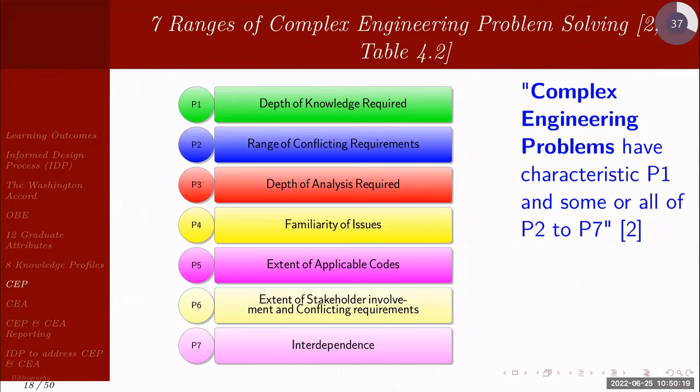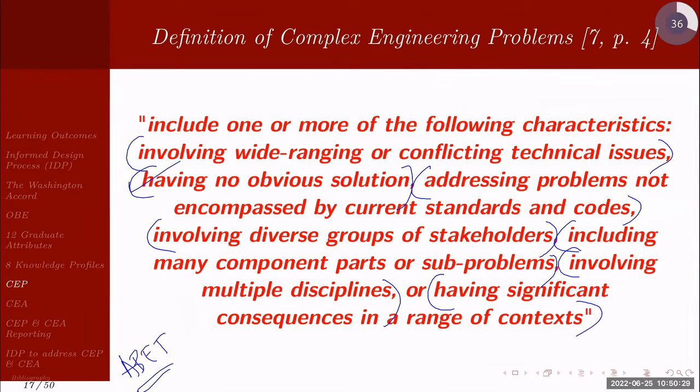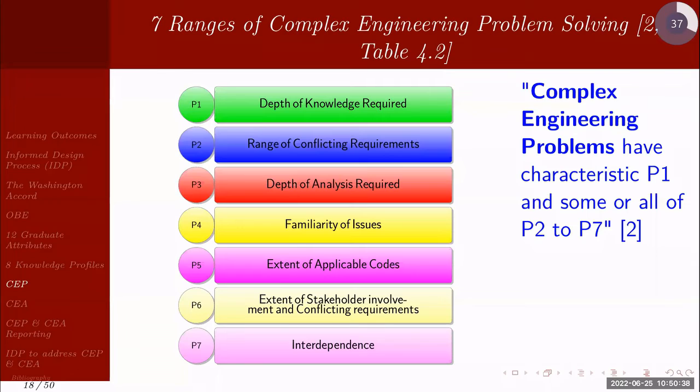The Washington Accord has defined 7 ranges of complex engineering problem solving. The way ABET has defined it is descriptive, not yet razor sharp, but the Washington Accord says there are 7 different ranges, denoted P1 to P7.